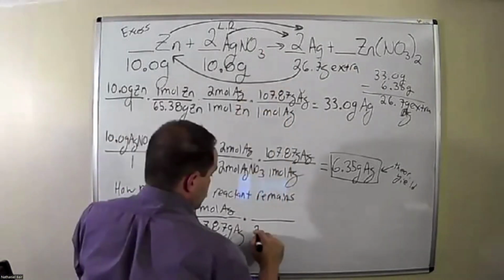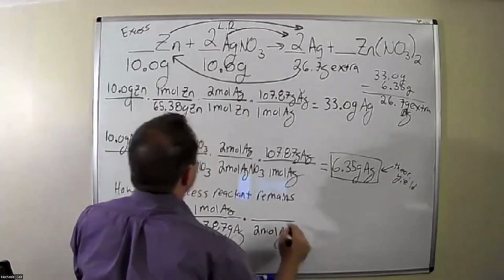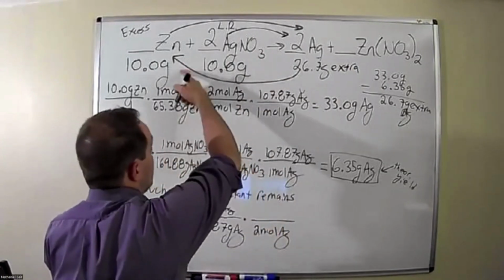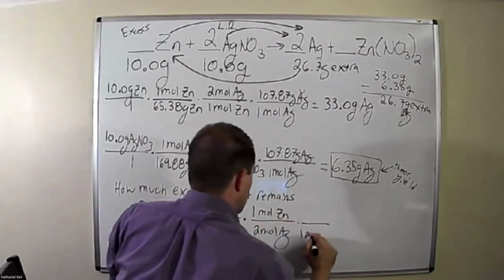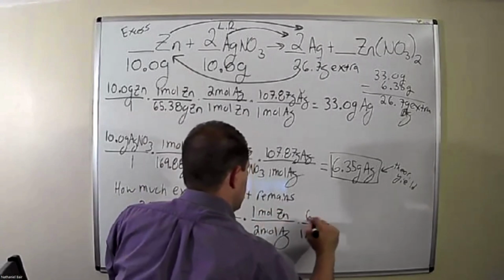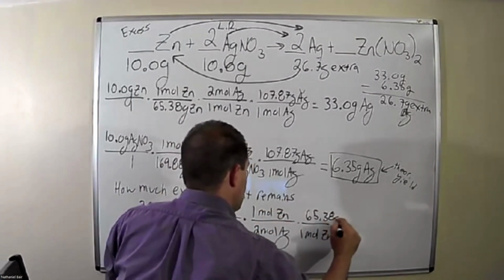And then it's 2 moles of silver to 1 mole of zinc. And then 1 mole of zinc weighs 65.38 grams.